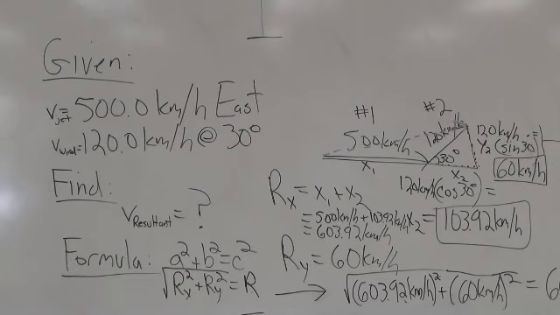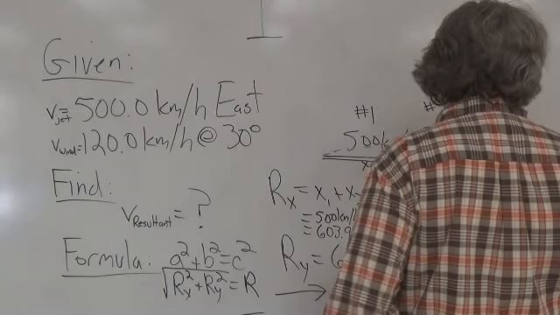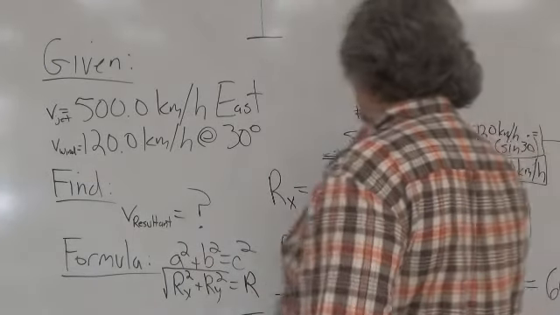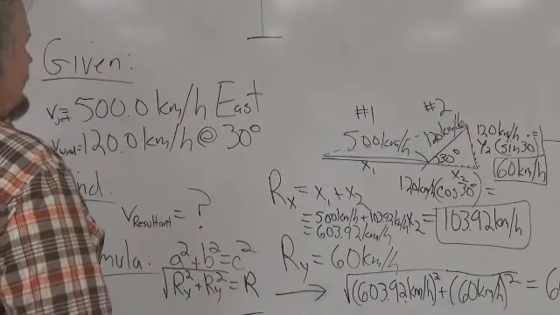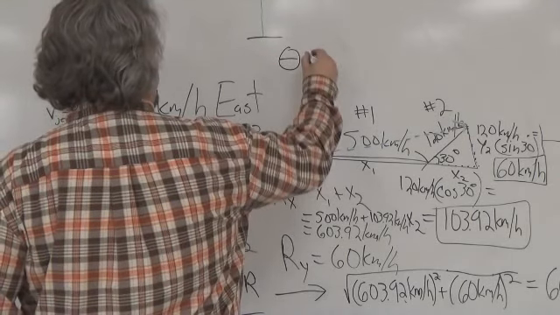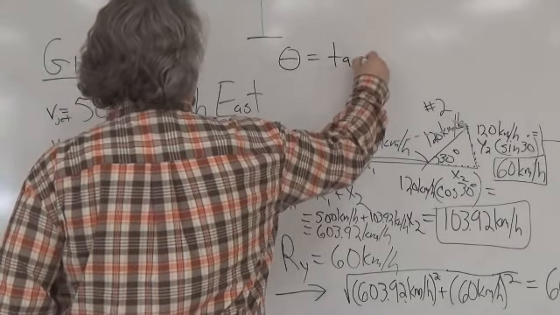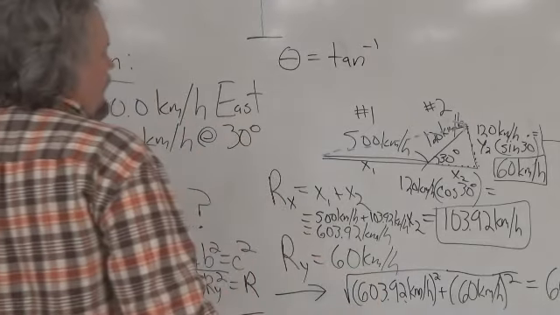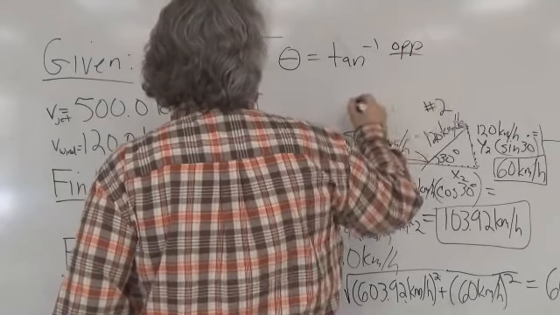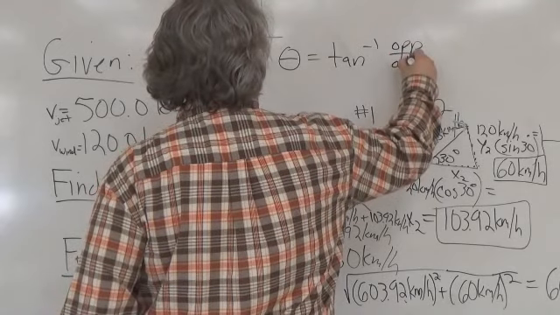Now, to make this even more accurate, you would find the angle. So you would use the formula for angle, which you derive from tangent. But, as you see, I'm limited on space, so I'm going to squeeze it in up here. So the angle is the inverse tangent of the opposite over the adjacent, TOA.